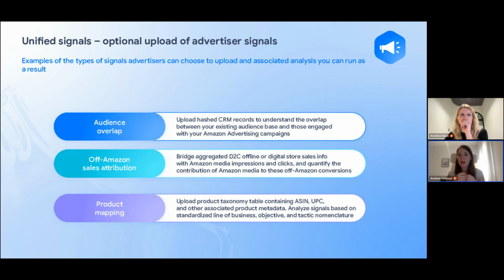For example, a brand can evaluate performance by line of business or campaign type rather than individual ASINs and optimize to category-level strategies, because at the moment it's more down to the level of detail related to the ASIN. So integrating this first-party, pseudonymous data with Amazon signals will enable more precise attribution, a deeper understanding of audience insights, and better product-level analysis overall.